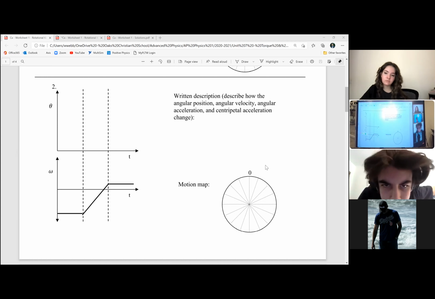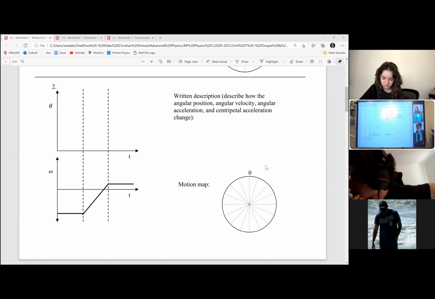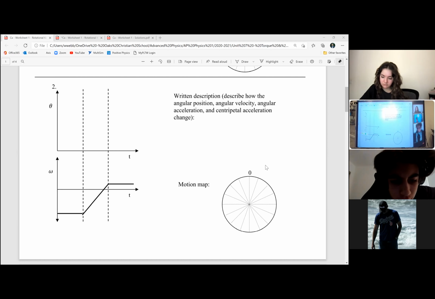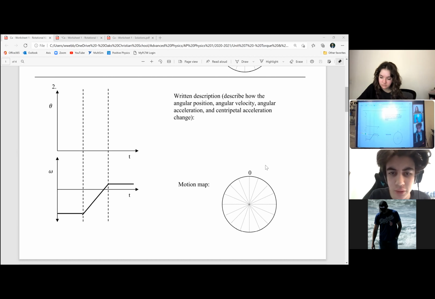And then for acceleration, wait, did I put it for acceleration? Oh, for acceleration, I'm not actually sure on this. Okay, that's all right.